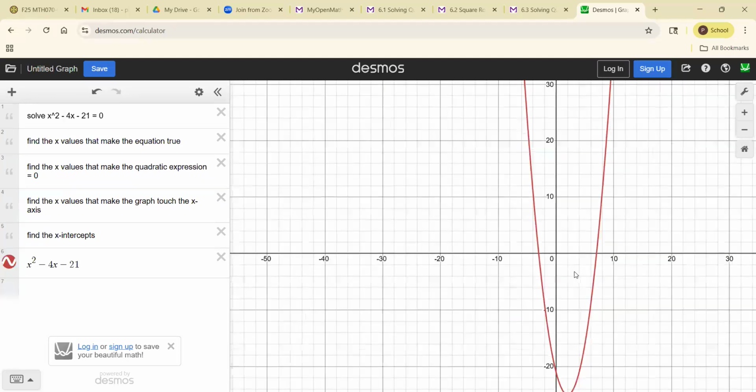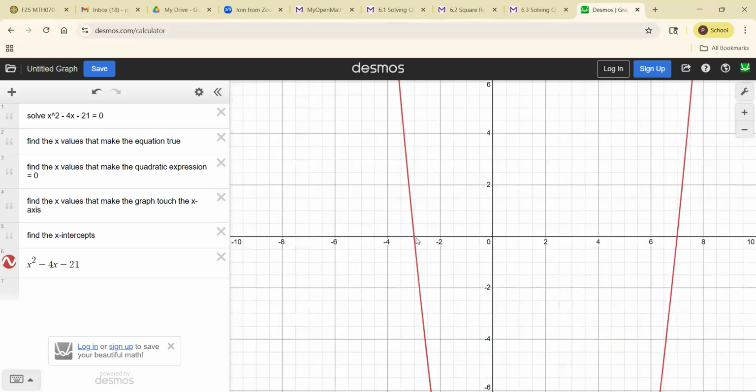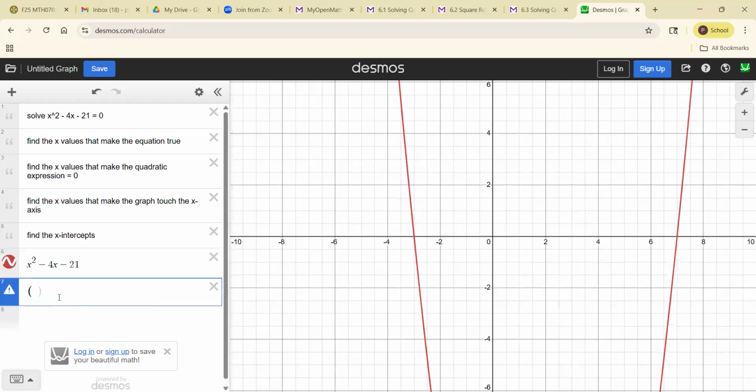There's my quadratic function, and there's an x-intercept at -3, and there's an x-intercept at 7. And of course, if I were to factor, I would get x plus 3 times x minus 7, the exact same graph.